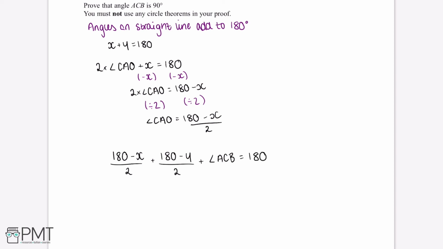So the first thing we can do is write this into a different form so that it is easier to rearrange. So (180 minus x) divided by 2 can be written as 90 minus x over 2. And then (180 minus y) divided by 2 can be rewritten as 90 minus y over 2.